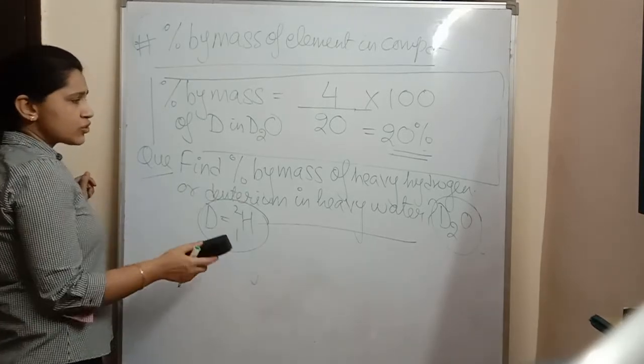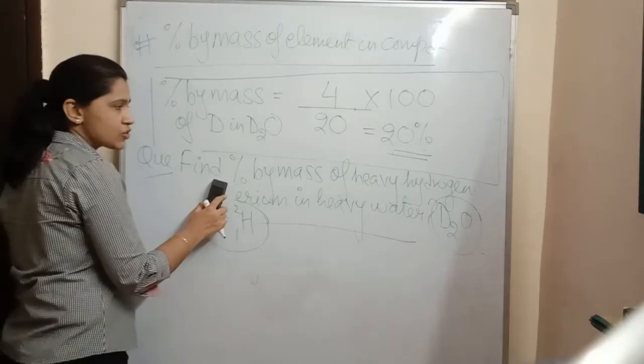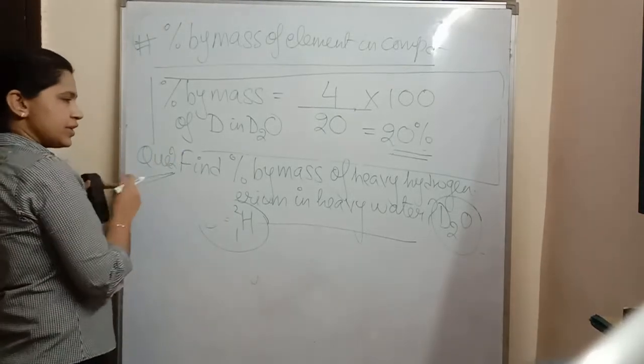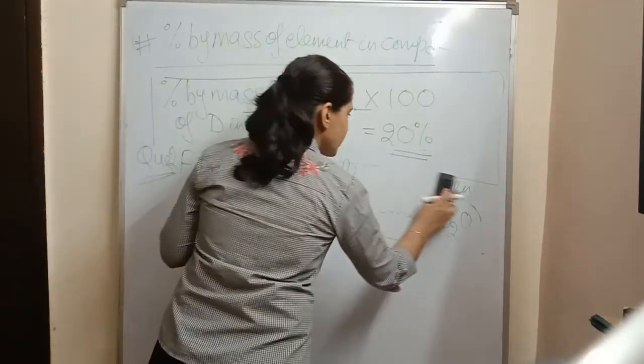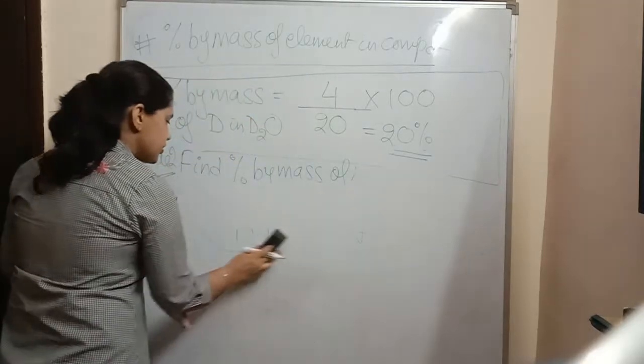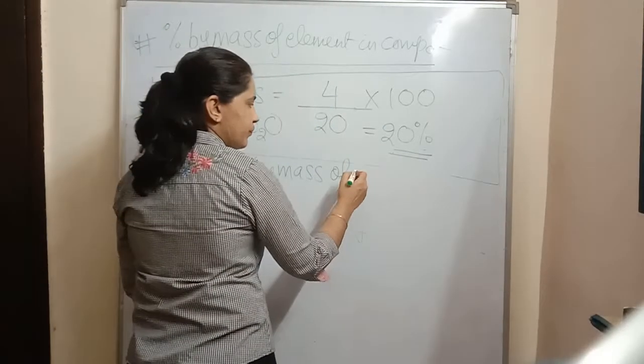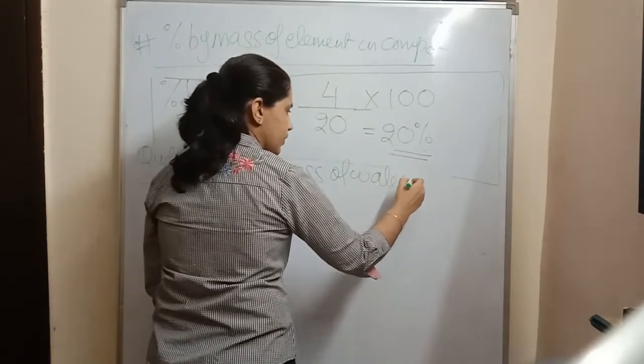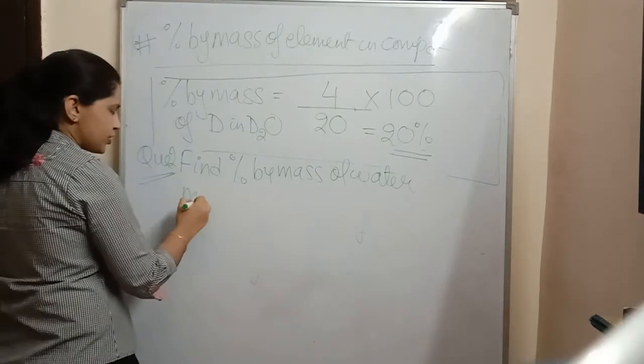If you can do the next question: find percentage by mass of water molecules of crystallization in washing soda. I am not giving you washing soda, you know it now.